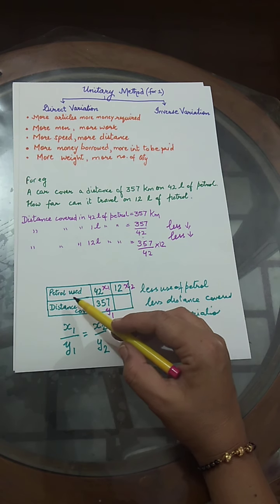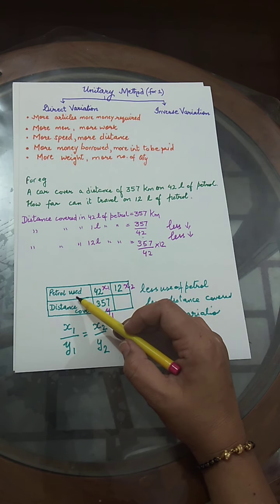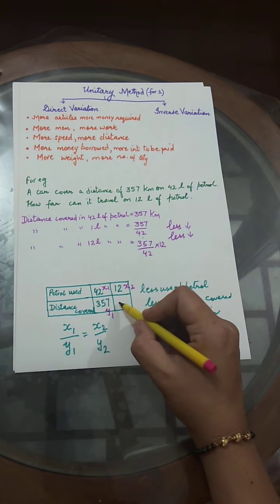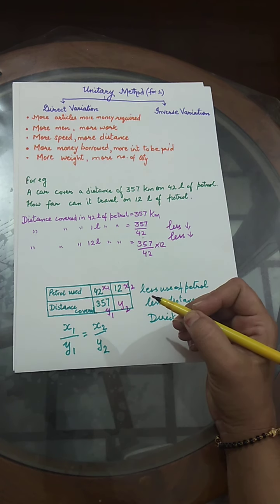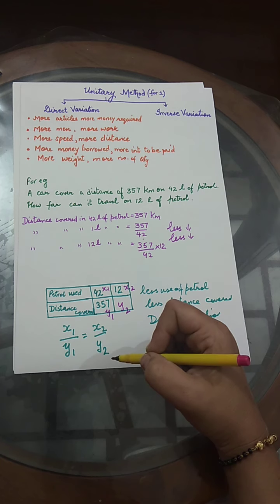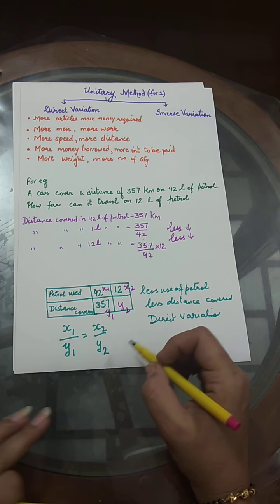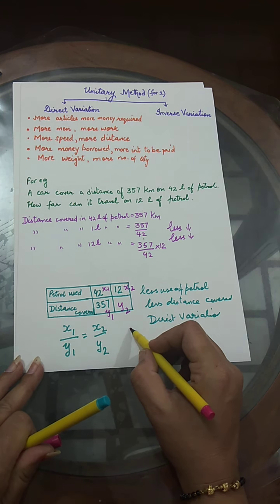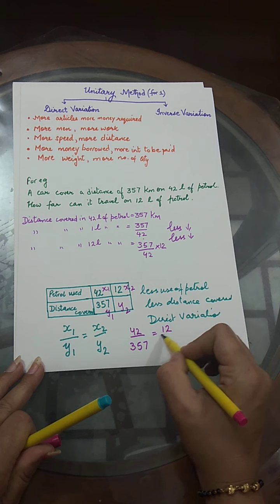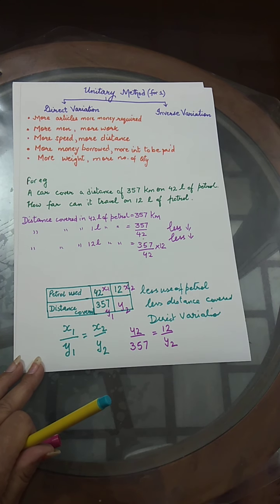If I have used petrol used as x1, the next quantity should also be petrol, which is x2, and the distance covered is over here, which is unknown, that is y2. Now we will put all these values in this. This will come out to be x1 is 42, y1 is 357, x2 is 12 upon y2.